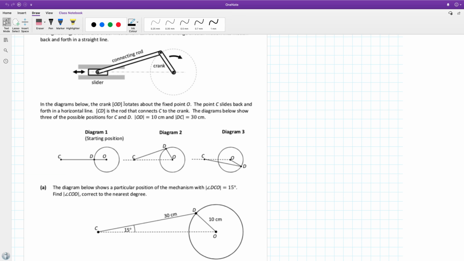We use two rules. What are they? The cosine rule and the sine rule. So cosine rule and the sine rule, logbook, page 16. Now, we always attempt to use which one first?